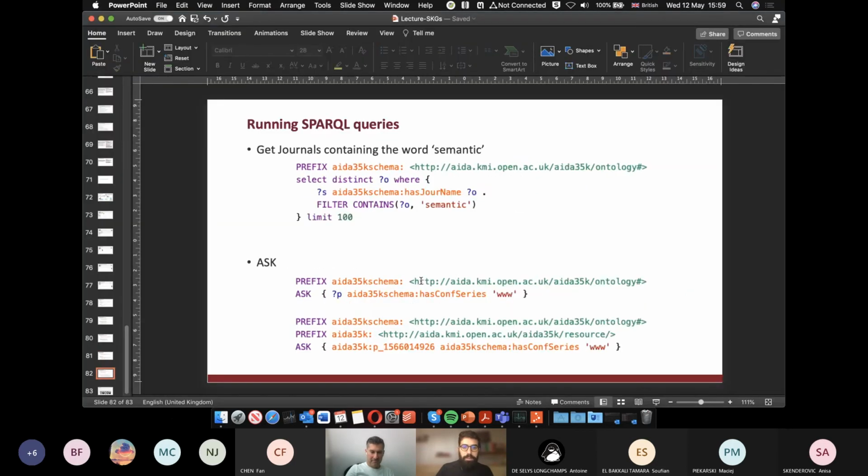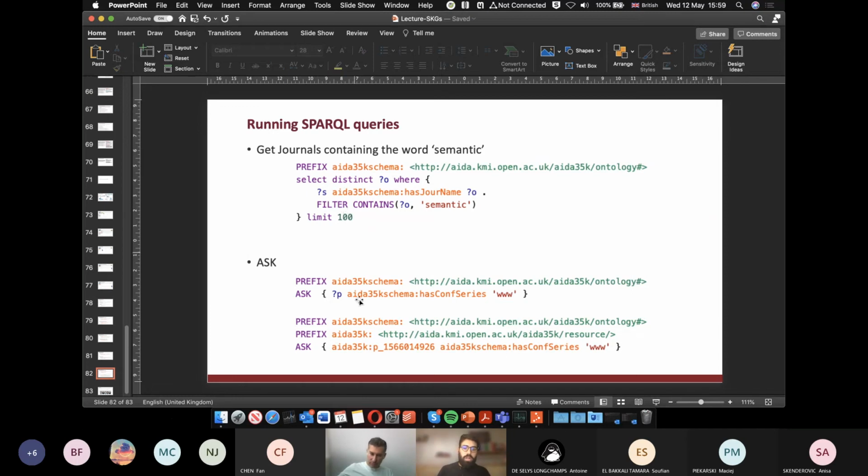Then, last two, get the journal containing the word semantic. Now, this is a slightly complex query because it's true that in AIDA we have a given paper and also the journal it has been published to. We know exactly. However, the name of the journal can be very long.